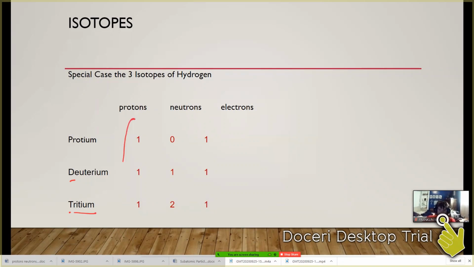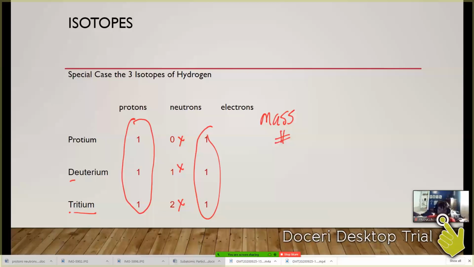They all have one proton because we said the proton doesn't change. They're neutral, so they all have one electron, but you can see what's changing is the number of neutrons. That's what changes within an isotope.